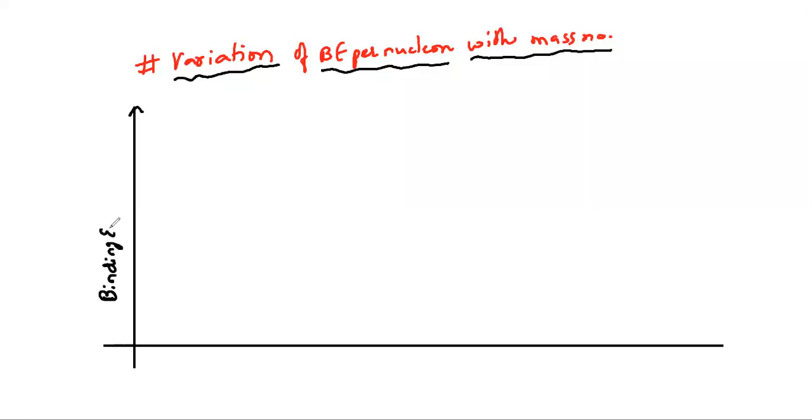Let us take this as the y-axis and this as the x-axis. On the y-axis we are going to take binding energy per nucleon, and here we are taking the mass number. Mass number means total number of nucleons, that is, as all of you know, A, the number of protons plus neutrons.